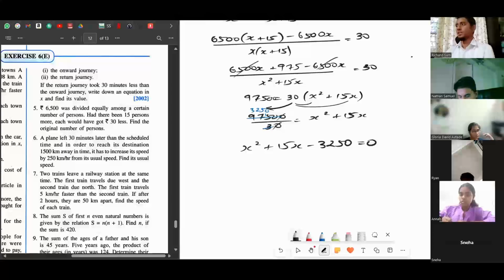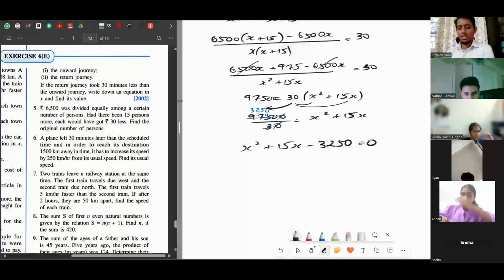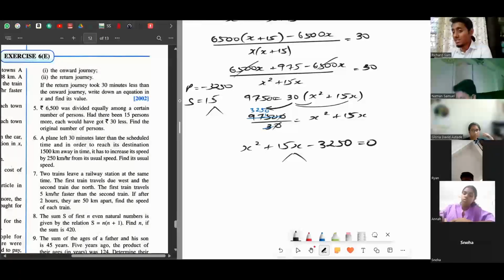This is what you got? Okay, then next step: sum is 15, product is minus 3250. Anyone got this? If you got it, don't tell the answer. Yes, Anna. Got it, Ryan? Okay. So signs plus minus, right?